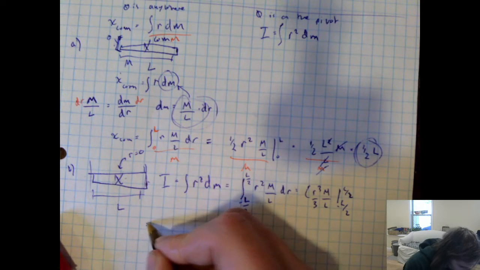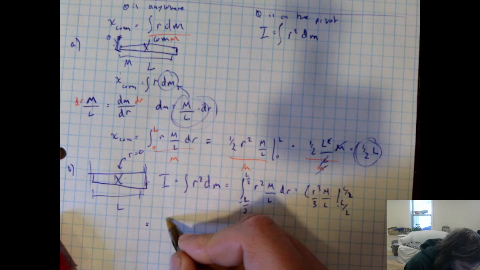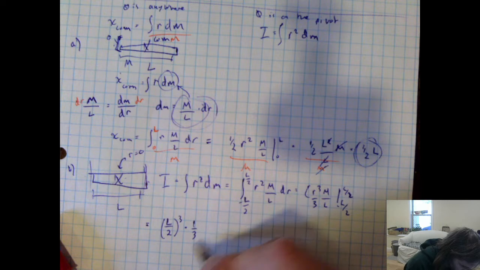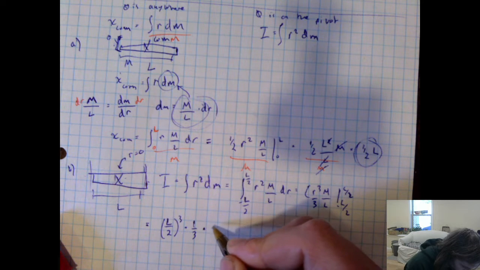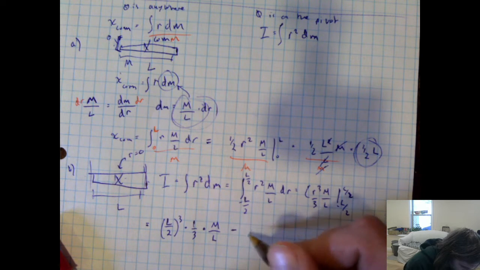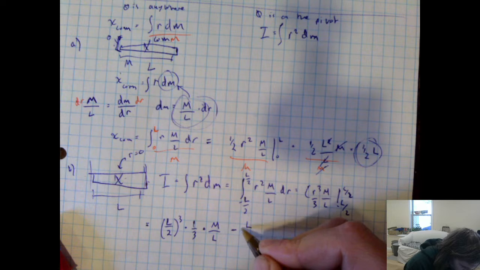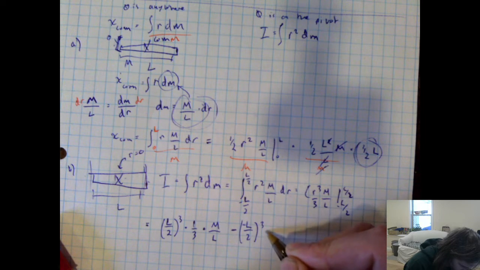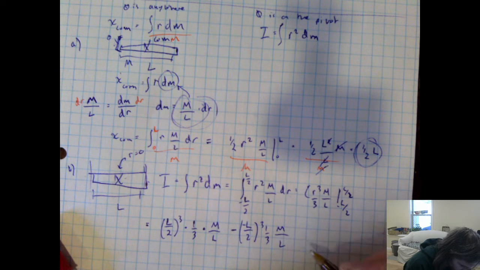So plugging those in, we'll get L over 2, quantity to the third, times 1 over 3 times m over L, minus negative L over 2 to the third divided by 3 times m over L.